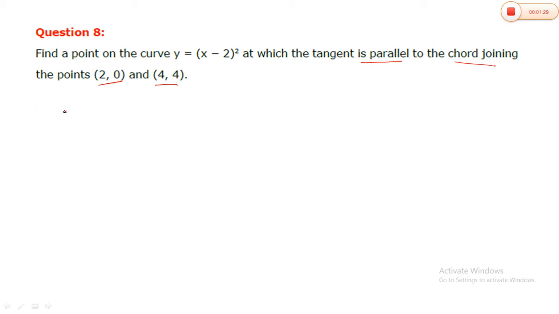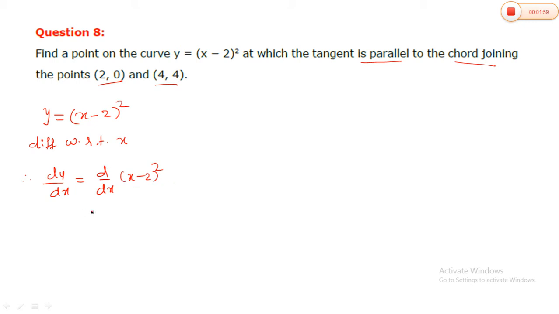Therefore, the given function is y equal to (x minus 2) whole square. Differentiate with respect to x. Therefore dy by dx is equal to d by dx of (x minus 2) whole square.